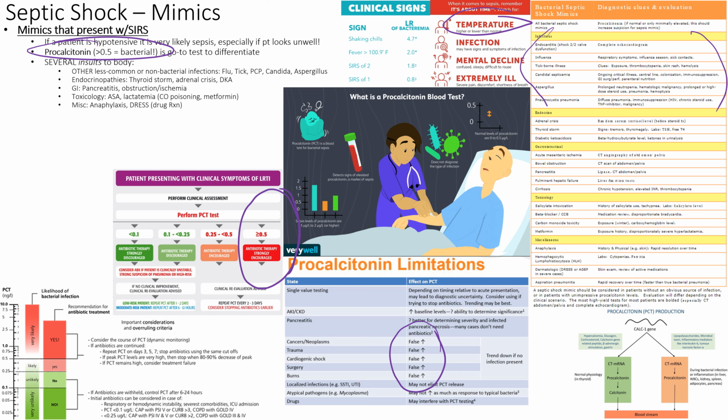Okay. So there are several things that can insult the body that can cause a sepsis-like picture, but how do we know someone's progressing to sepsis, severe sepsis, and septic shock? We're looking at their renal function, their liver function, their hematological function, and if those are worsening or their organs are failing, we can say they're going into severe sepsis and septic shock, right?